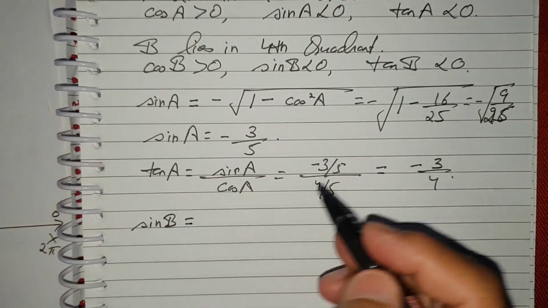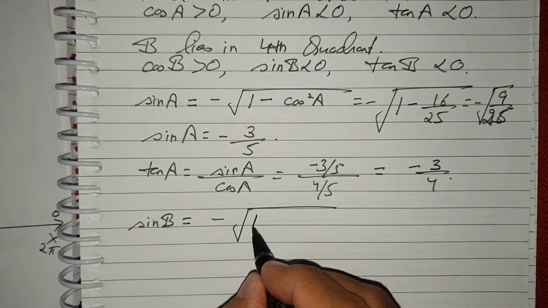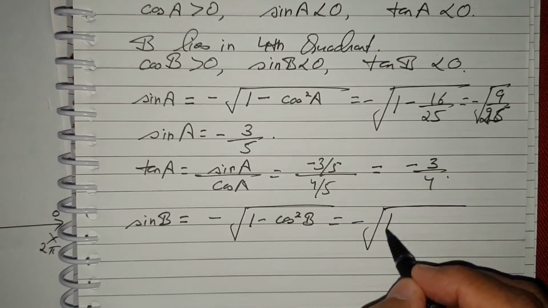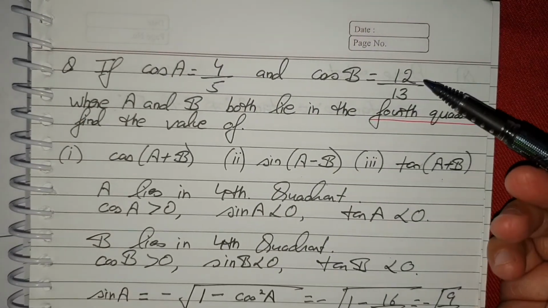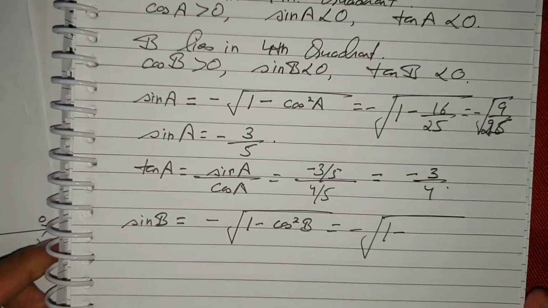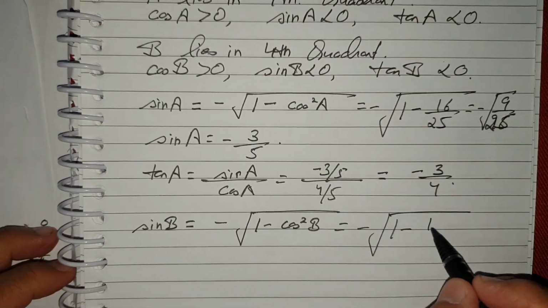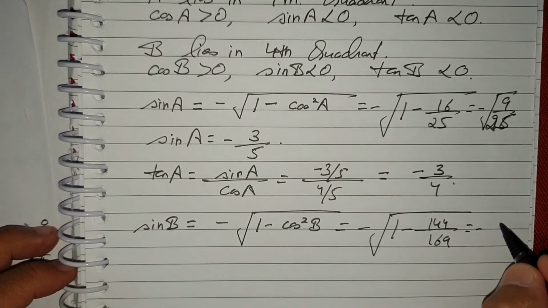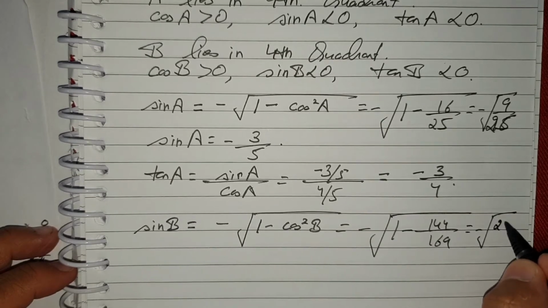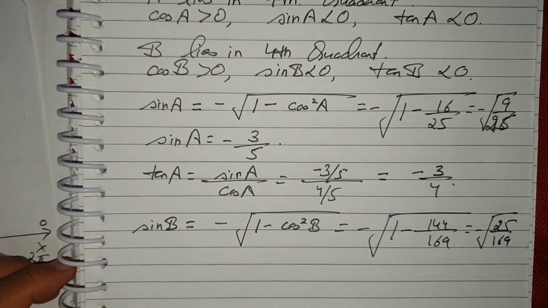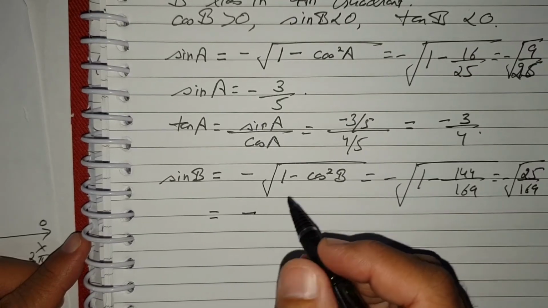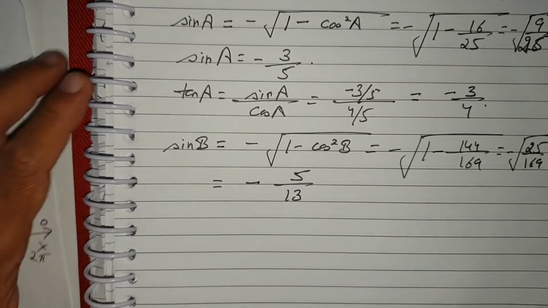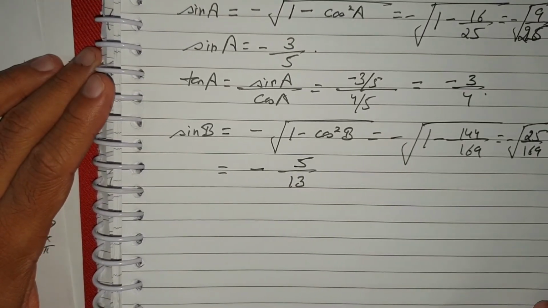Sine B is minus under root of 1 minus cos square B, which is minus under root of 1 minus 144 by 169, which equals minus under root of 25 by 169, that is equal to minus 5 by 13.